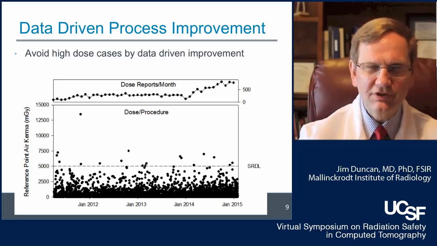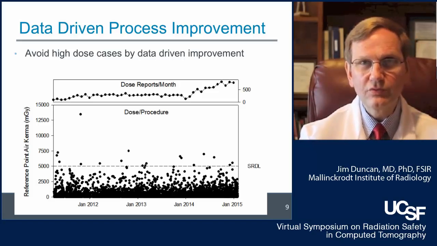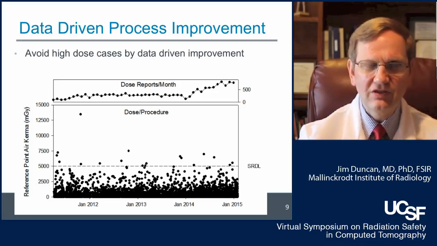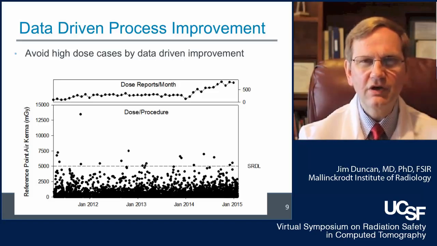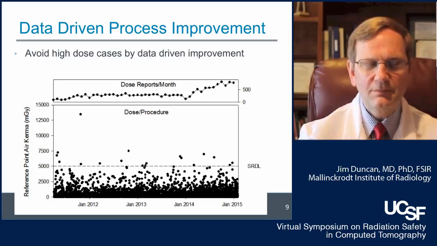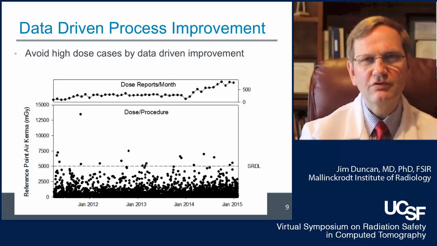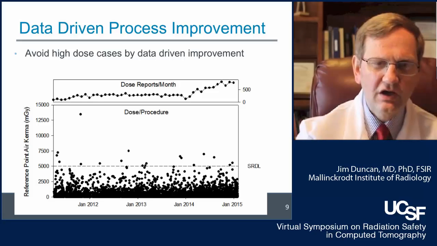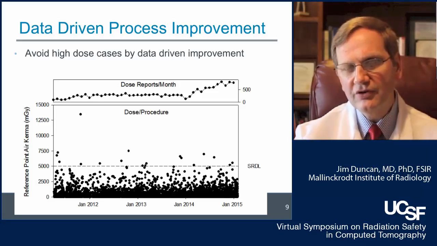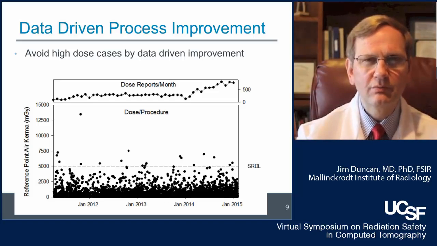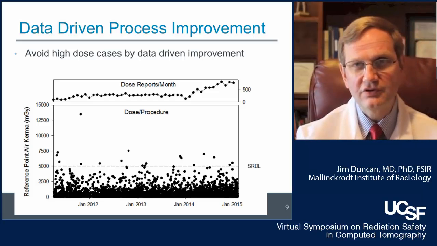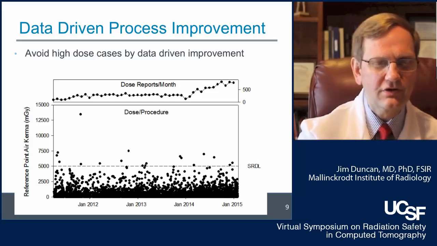It was incredibly useful later on, going back through that procedure, looking at the dose report, digging through the data, and figuring out different ways to optimize radiation use when you're in extremely trying circumstances. We now are at the point where it's far less than 1 per month case of going over 5 gray. And we haven't had a case going over 10 gray for several years.